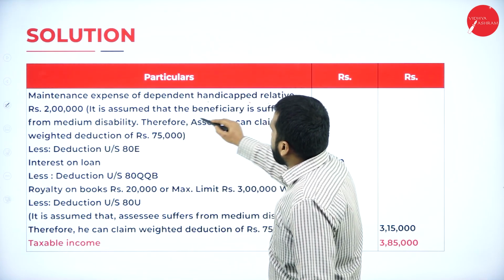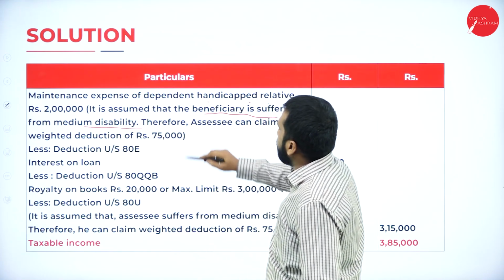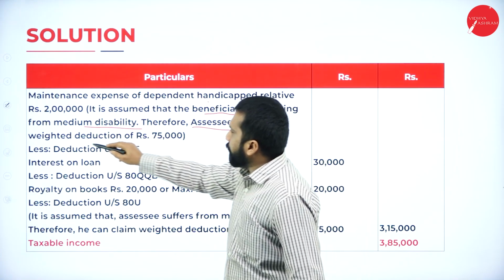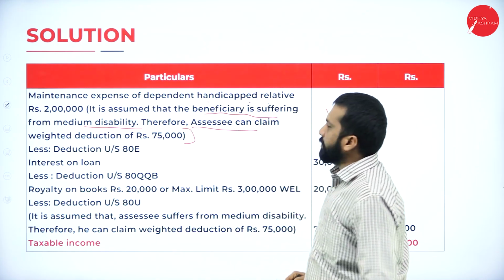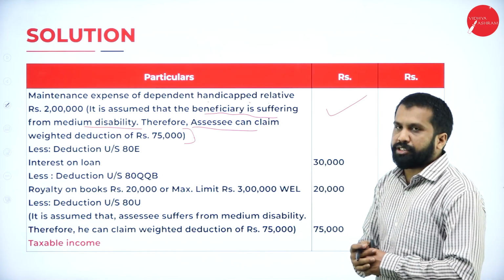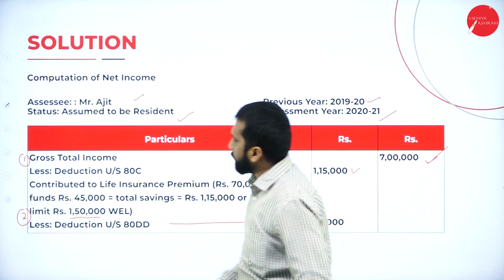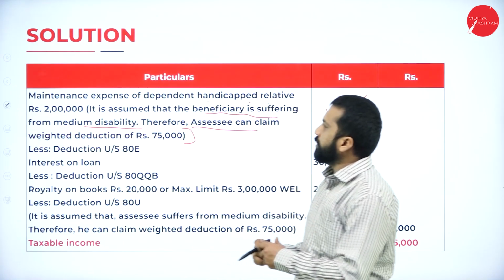It is assumed that the beneficiary is suffering from medium disability. Therefore, assessee can claim weighted deduction maximum of 75,000. Amount already we have taken. These are the explanation. Your second one is done. We'll go for the third one.